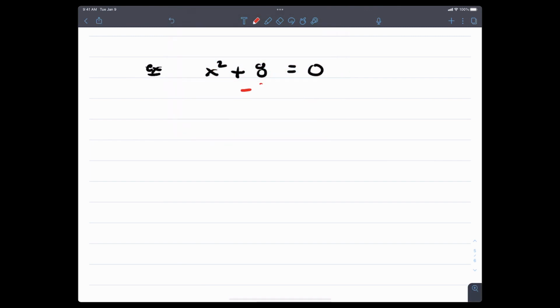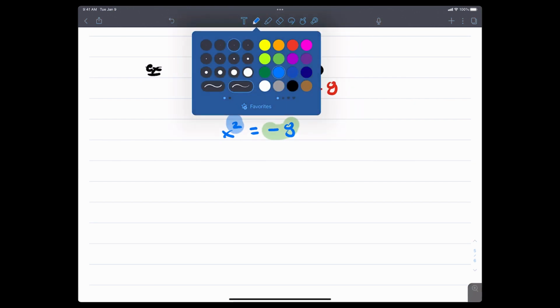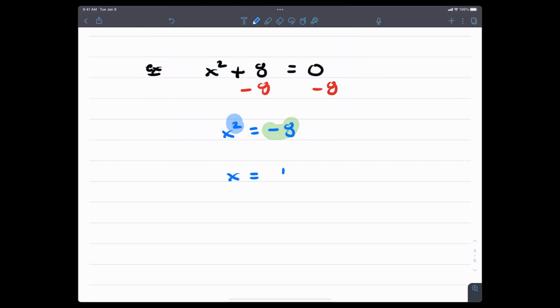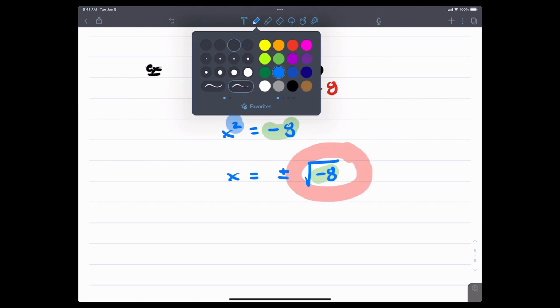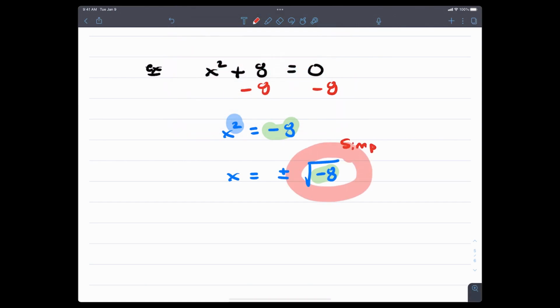Subtract the what? Yeah, subtract the 8, and you end up with x squared is going to be what? Negative 8. So you have x squared here, and the number is negative 8. What do you guys do with that? Plus or minus square root of negative 8. What do you think you'd do with this radical? You simplify the radical.